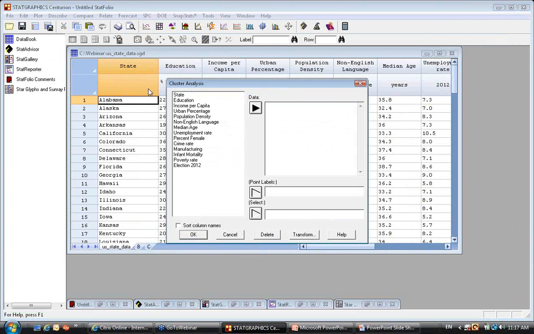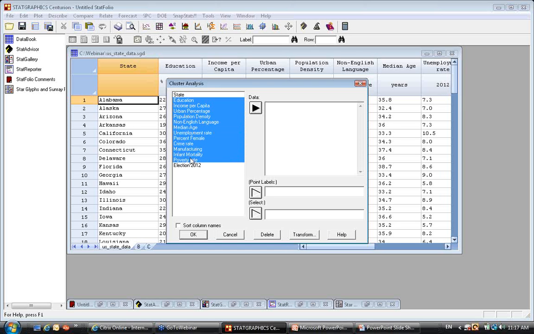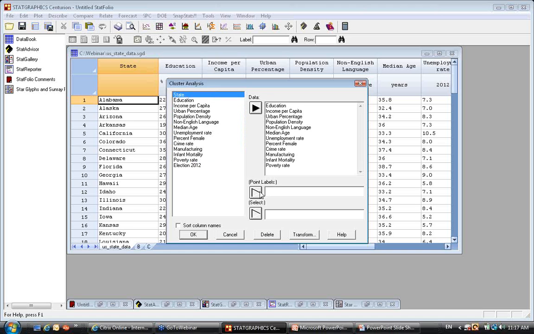The first dialog box that comes up is the data input dialog box. It's going to ask me which variables I want to use to cluster the states. I've decided to tell it to take everything from education down to poverty rate, the same 12 variables I just plotted the glyphs with, and use those to divide the data up into groups. At the same time, I'm going to take the column called state and put that in as the point labels.